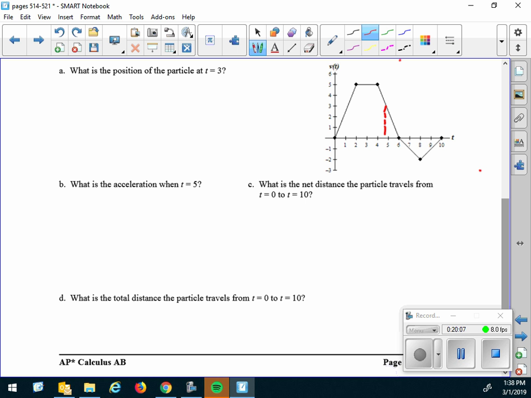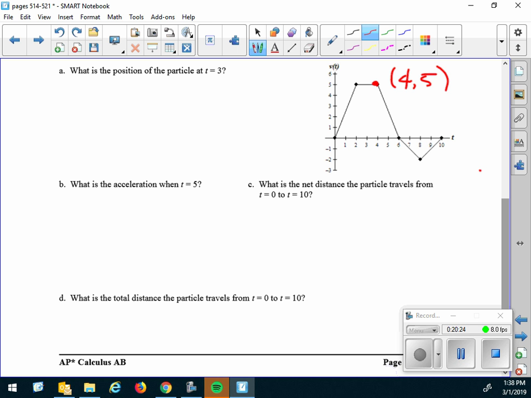Let me see here. What are the coordinates of that point right there? 4, 5. Okay.